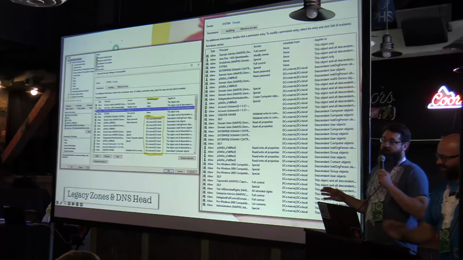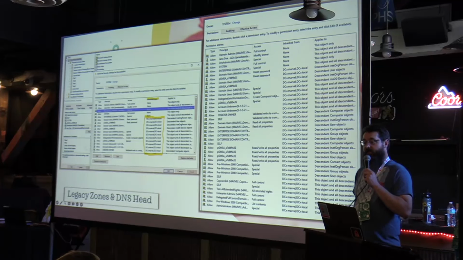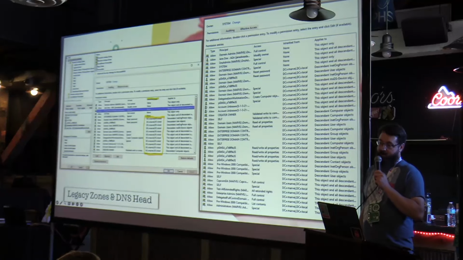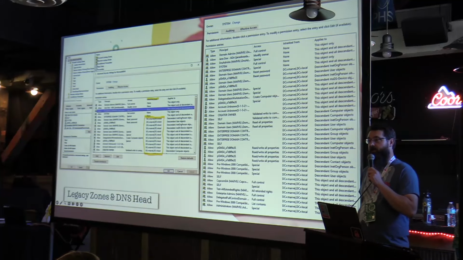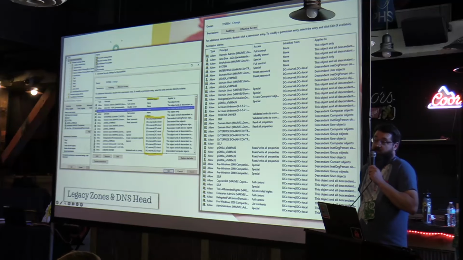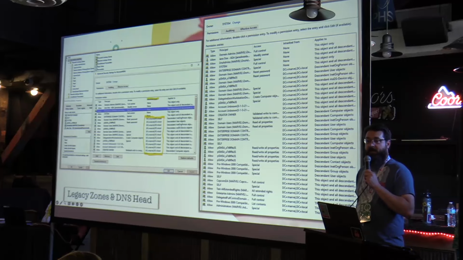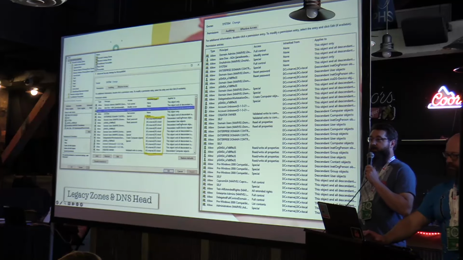There's also some interesting things about legacy domain DNS zones, because you can create a DNS zone called a global names zone, and that'll support single label names, like what are used in intranet sites. It was kind of a bridge between WINS and DNS, and it's still there. Also, the root DNS servers, aka the root hints, are all stored in the DNS head object that inherits permissions from domain root.